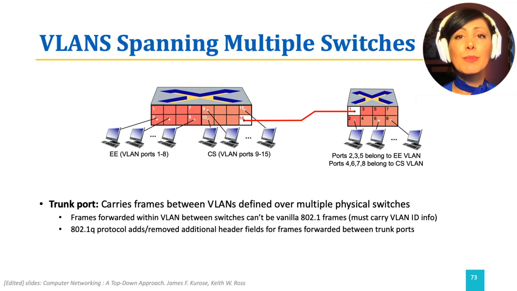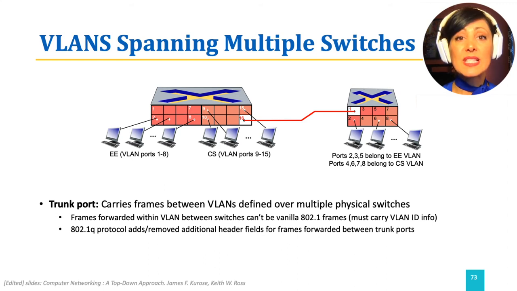This is performed using a VLAN ID. The frames forwarded across the trunk port carry a VLAN ID that identifies to which VLAN they belong. For example, in the same example, on our first switch, we use ports 1 to 8 for electrical engineering.